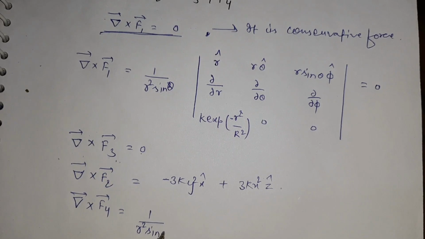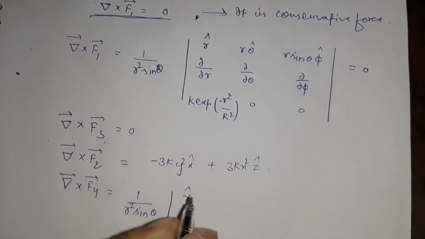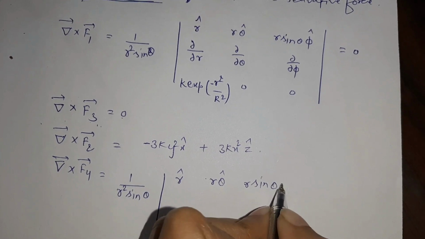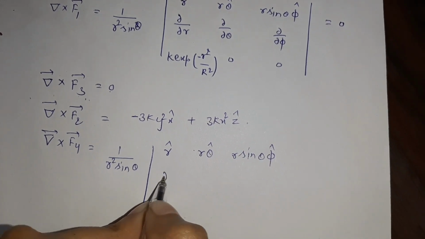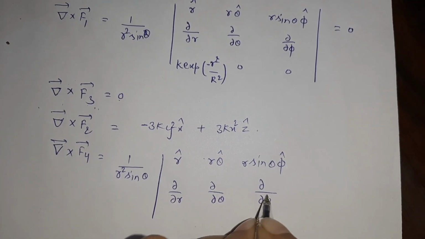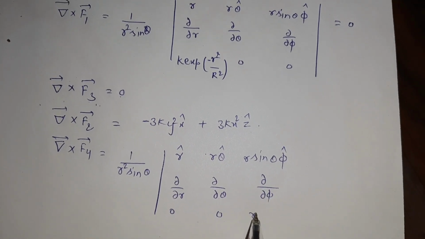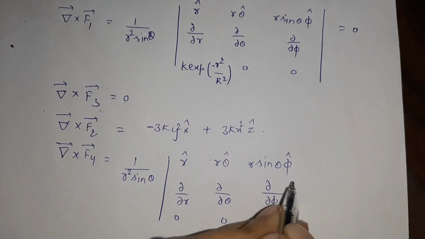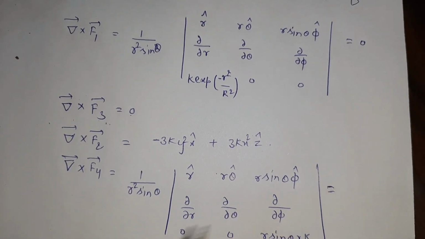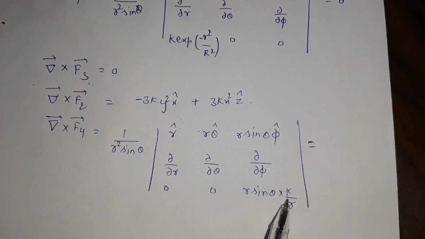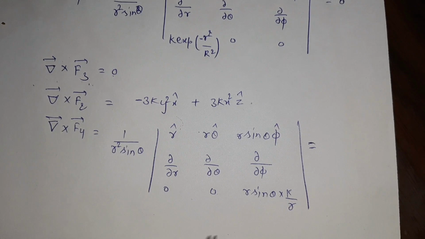I need to show you this: r cap, r theta cap, r sine theta phi cap, del by del r, del by del theta, del by del phi, 0, 0, r sine theta. It is already given in the question. So if we find this, just take this thing common and cross multiply. You can easily find the determinant of any vector.